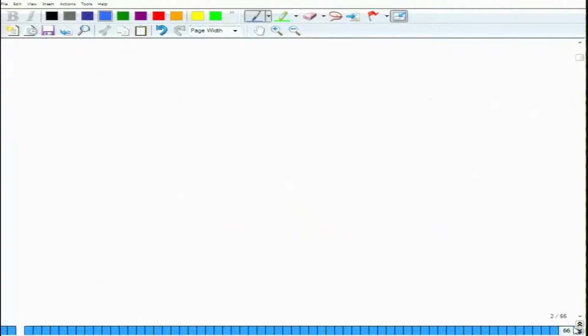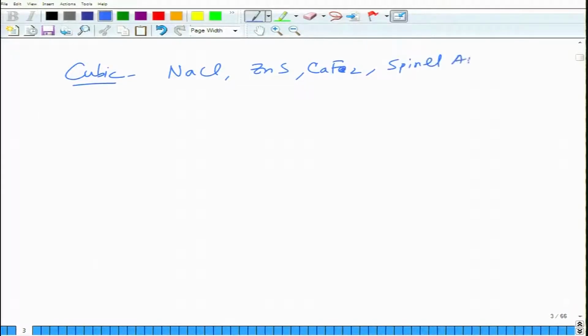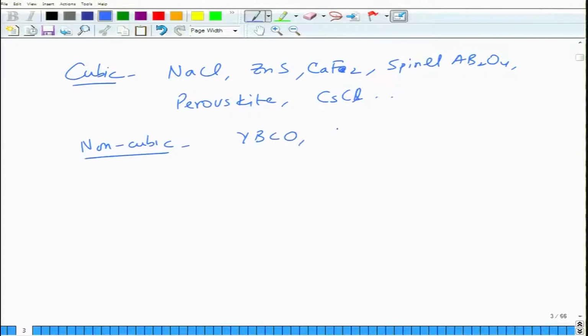We looked at a variety of materials. In the cubic category we looked at sodium chloride, zinc sulfide or zinc blende structures, calcium fluoride based structures, and spinel structures, which are basically AB2O4 kind of structures. Then we looked at perovskite and CsCl. Then we looked at some non-cubic structures such as YBCO and LSCO.